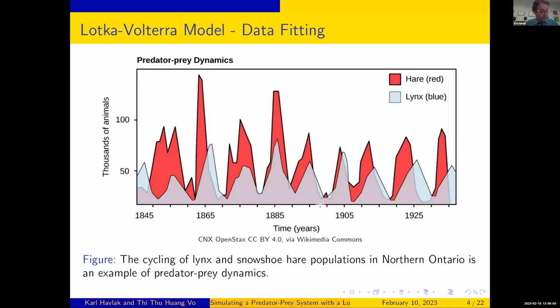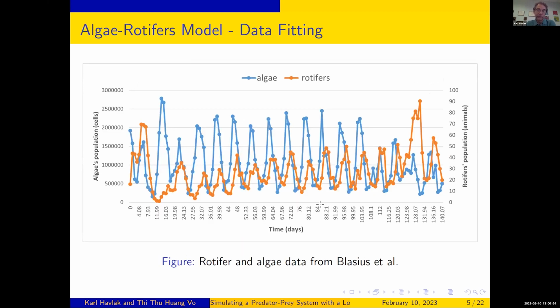Well, in searching, we found some data by a group, Blasius and friends. The paper was entitled Long-Term Cyclic Persistence in an Experimental Predator-Prey System. What they were trying to do was show this cyclic predator-prey relationship, seeing if they could demonstrate that it would exist in an idealized situation.